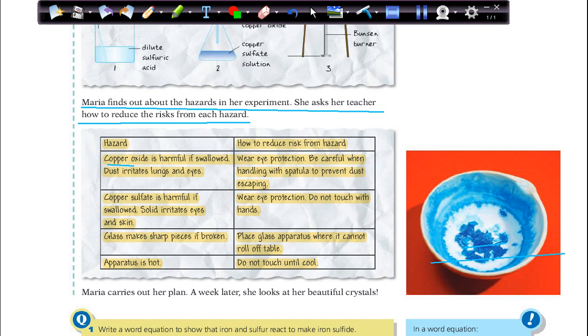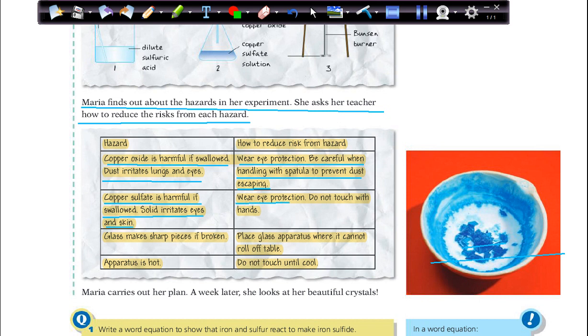So first, she said copper oxide is harmful if swallowed. Dust irritates lungs and eyes. So how can she protect herself from this? First, she needs to wear eye protection and be careful when handling with the spatula to prevent dust escaping. And then she wrote about copper sulfate. It's harmful if swallowed. Solid irritates eye and skin.